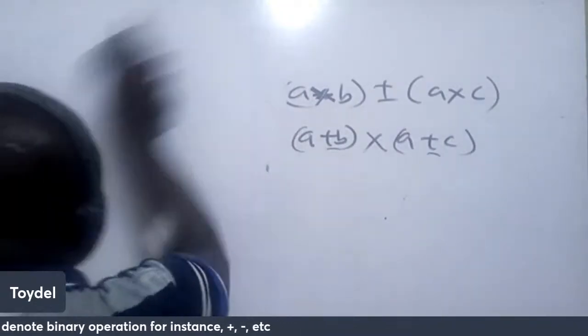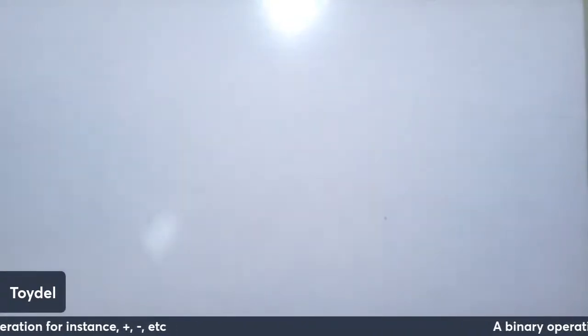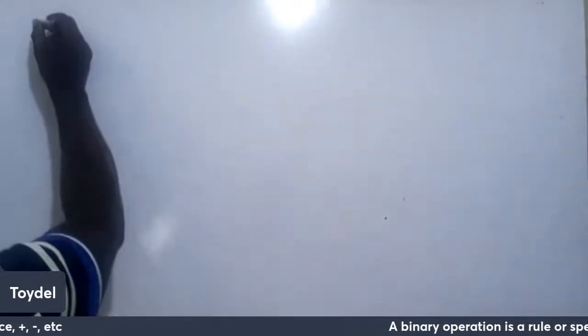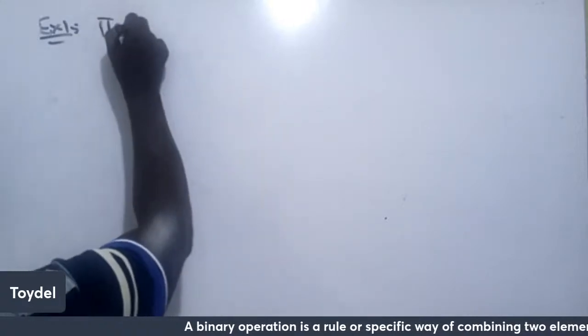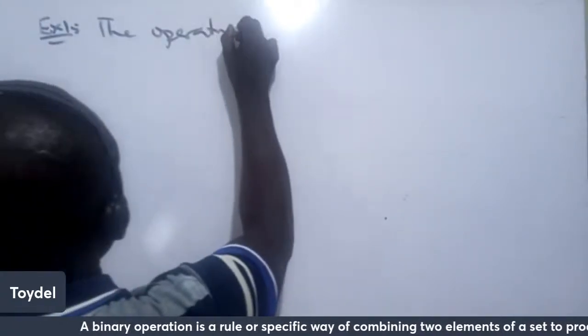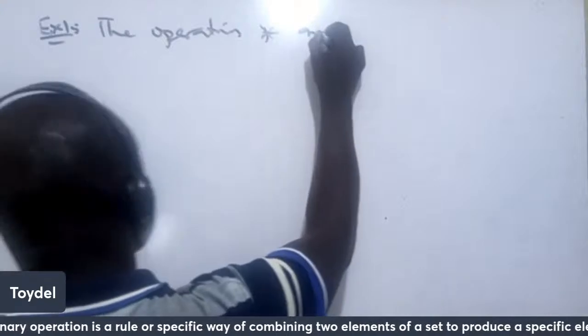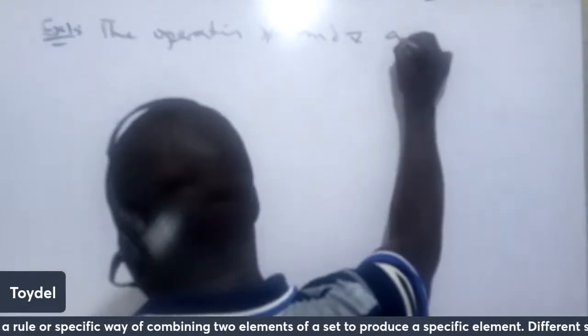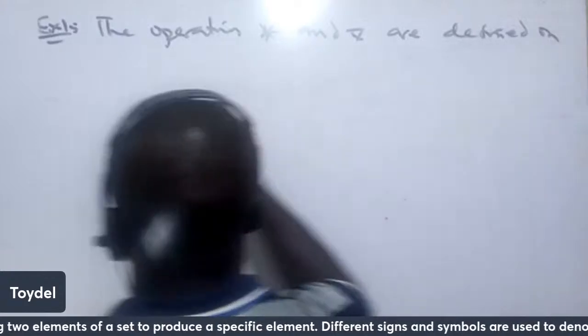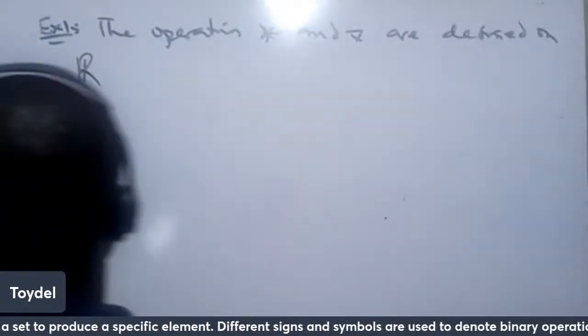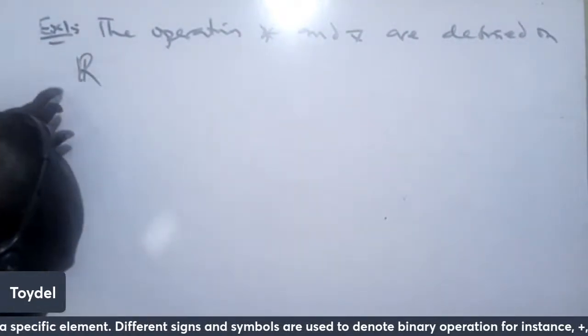So I'm going to take one example now to explain this distributive property. Example 1. We are given the operations asterisk and inverted triangle defined on R, and of course R is the set of real numbers.